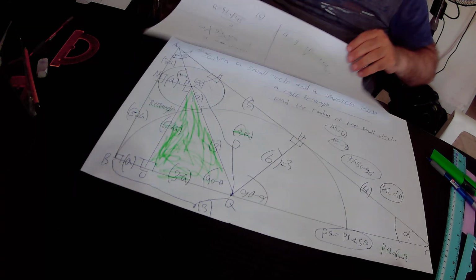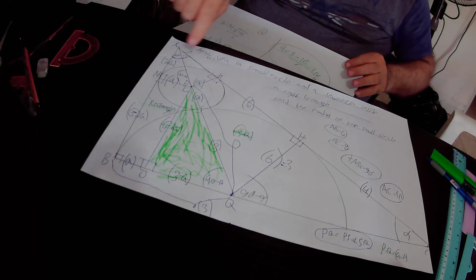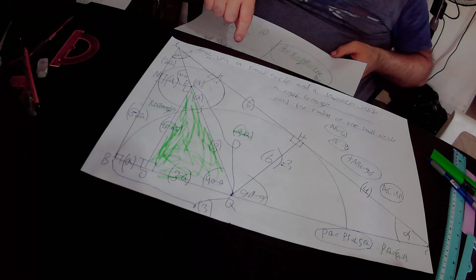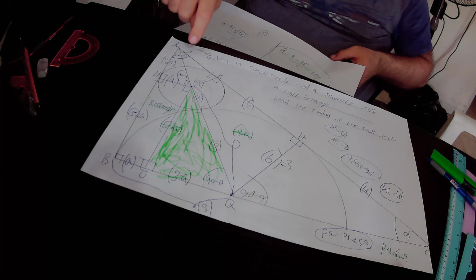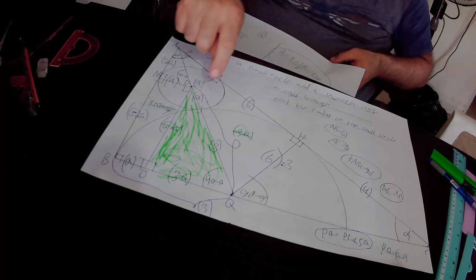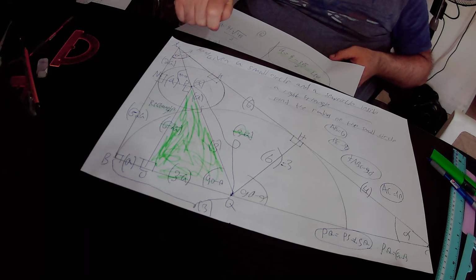I repeat again, the radius A of this small circle equals 9 minus 3 times the square root of 5, over 2 units, or in terms of numbers, 1.146 units.